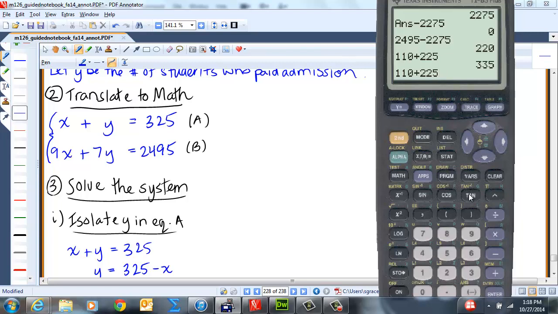It was 215. That gives us the 325, so the first equation checks. Then let's see, 9 times 110 plus 7 times 215 is $24.95, so we're good to go.